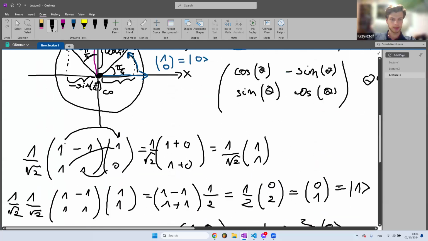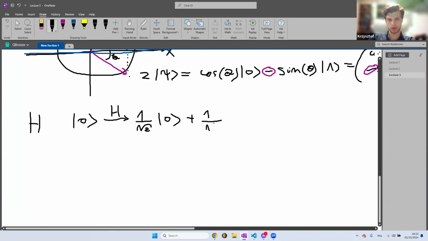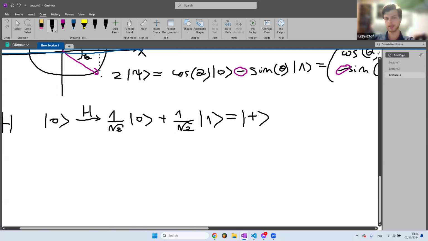Now let's talk about the Hadamard gate. And this gate is a little bit more complicated. We know from yesterday that applying a Hadamard gate on the vector 0 gives us 1 over square root of 2 times 0, plus 1 over square root of 2 times 1. And we will call this state a plus state because it's much easier to write a plus state instead of the whole equation here.